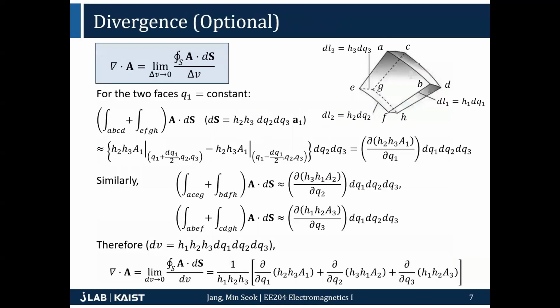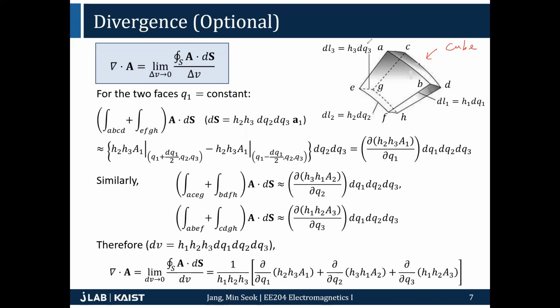So this is divergence. And the biggest difference between the case of Cartesian coordinates and here is that now your infinitesimal volume is not a cube, right? It has a different shape because your coordinate axes point in different directions.